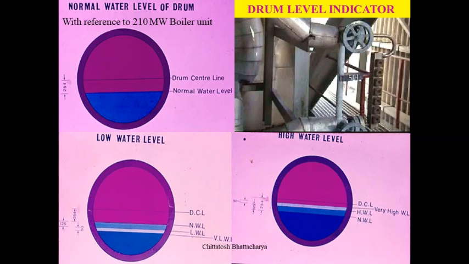We have also Hydrastep. Hydrastep gives us remote liquid level indicators, and in general there are annunciations or alarms for low levels, very low levels, and high levels and very high levels. Generally, the drum normal water level is around 10 inches below the drum center line.